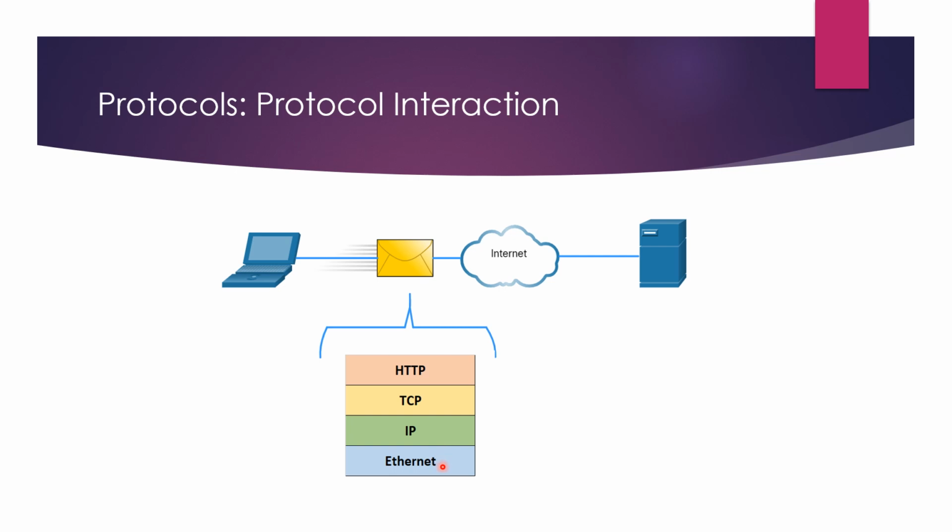And the last protocol that is used in the communication between the devices and the server, in this case, is Ethernet. This protocol is responsible for the delivery of messages from one network interface card to another network interface card on the same Ethernet local area network, so in the same LAN.